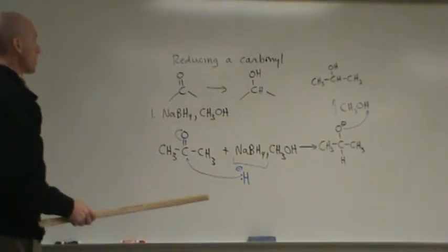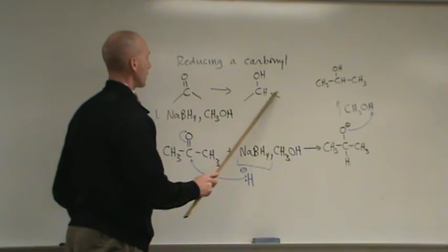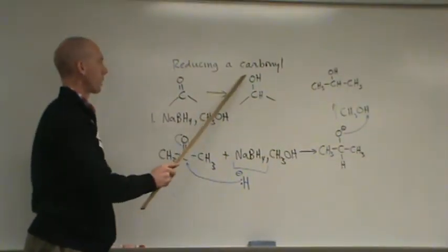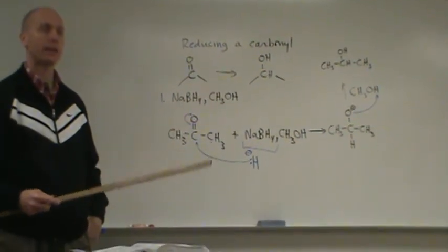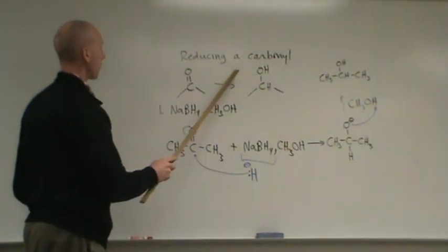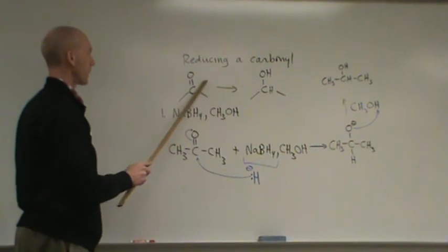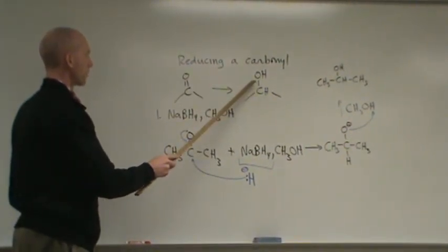So that's how these two hydrogens have added across the carbonyl to reduce the carbonyl to an alcohol. If you remember way back to the beginning of this chapter, what were we doing? We were going from the alcohol to the carbonyl. How did we go from here to here? What reagent?